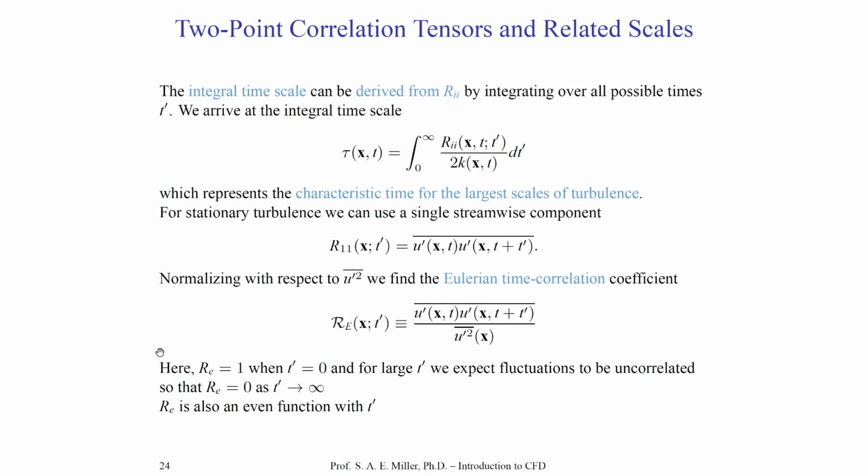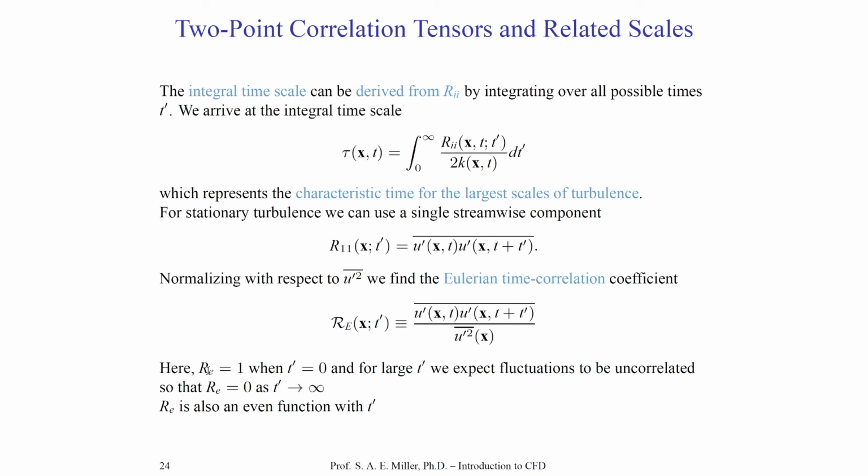There are certain properties of this equation, just by definition. For example, say we put t prime equals 0. You can simplify this equation and it will become 1. So by definition, the autocorrelation of, say, a velocity fluctuation or any particular quantity, if we're setting t prime to 0 and doing the integration at the top of the page, we will find a value of 1.